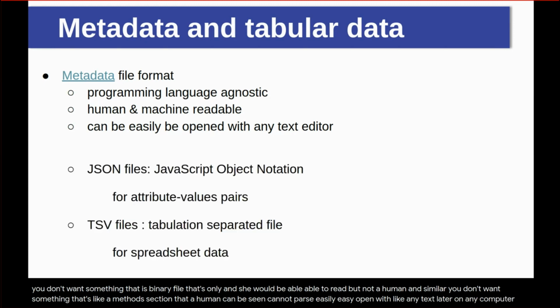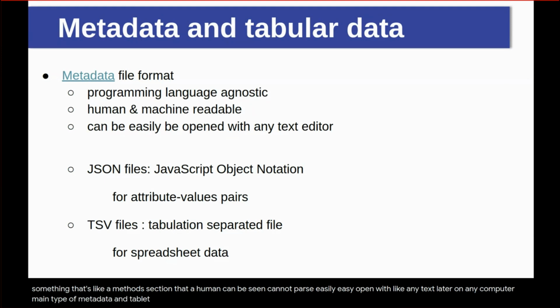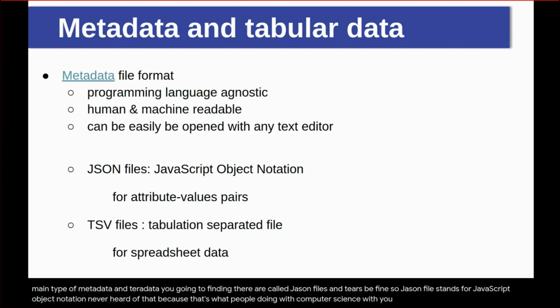Okay. And the two main types of metadata and tabular data you're going to find in there are called JSON files and TSV files. JSON stands for JavaScript Object Notation. Most likely you've never heard of that, because it's more people dealing with computer science who are familiar with this.